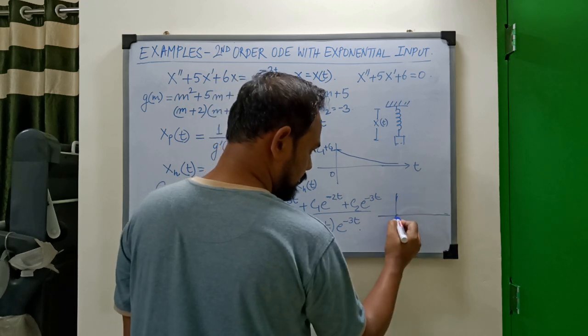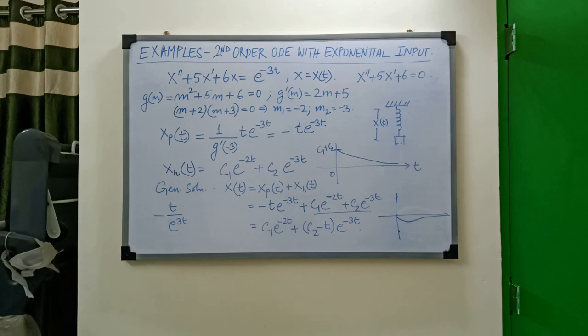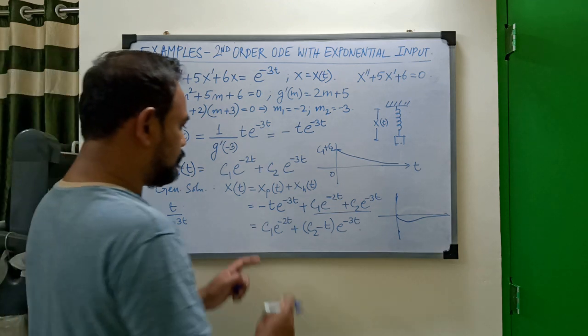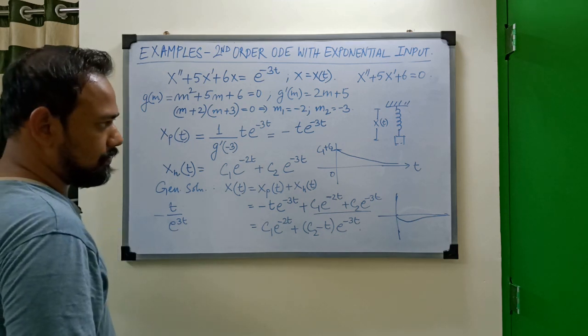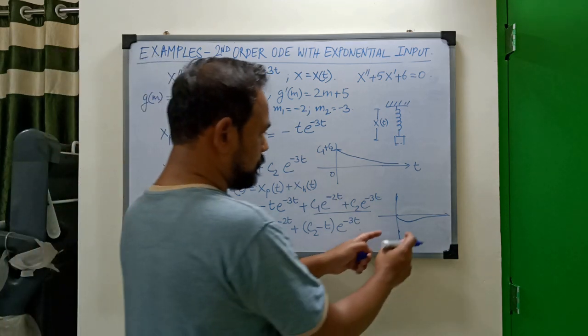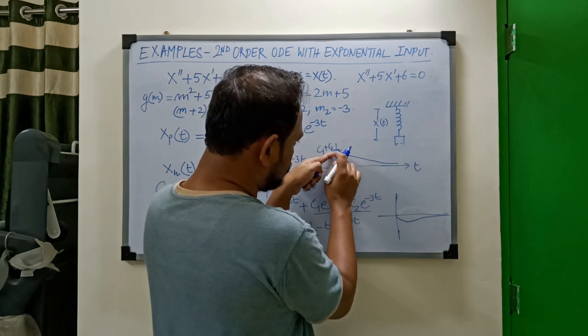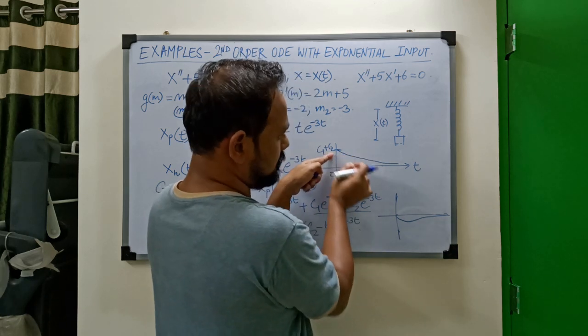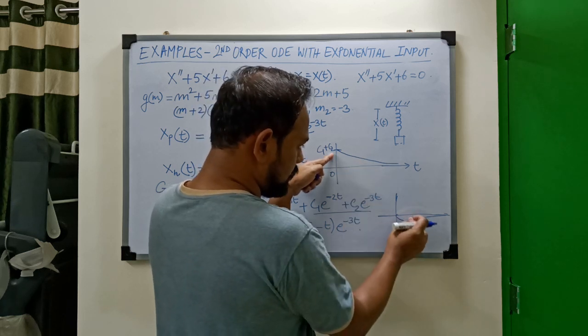Well, the negative of this, which is what it is, will just be the opposite, so it will be something like that. So if I add this graph with this graph, the effect of it will be it just pulls this graph down a little bit because you have negative numbers here.